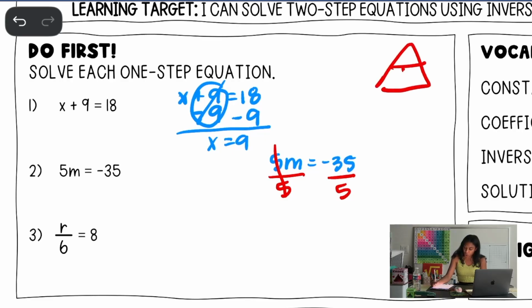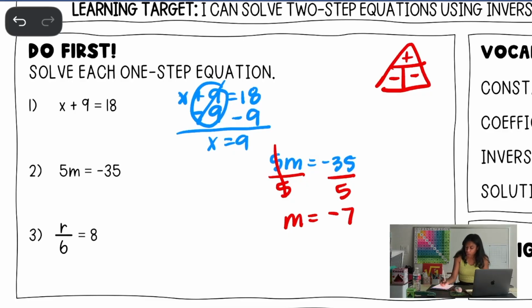I like to draw this little symbol up here. It helps me remember my positives and my negatives when I'm multiplying and dividing. So a negative divided by a positive leaves us with a negative. So I should be expecting m to equal negative 7.